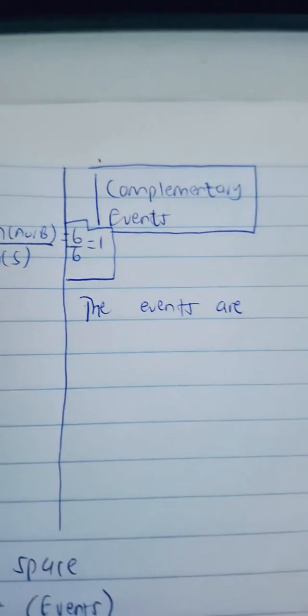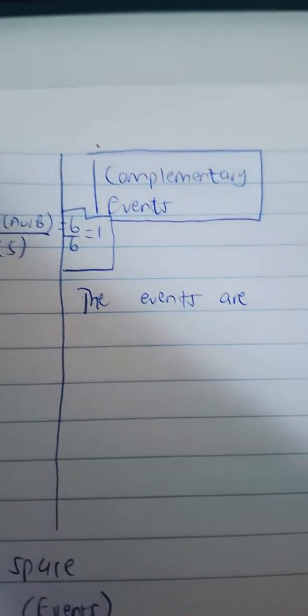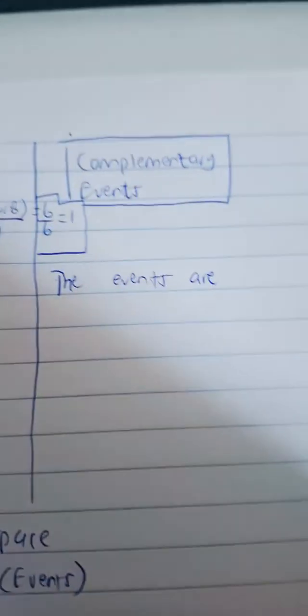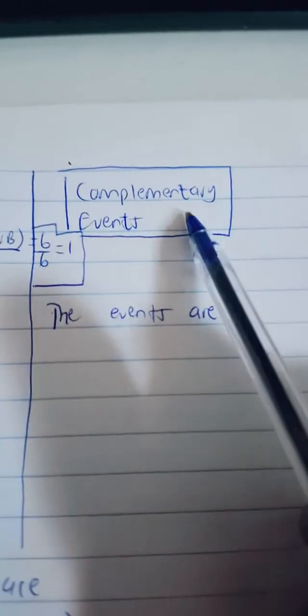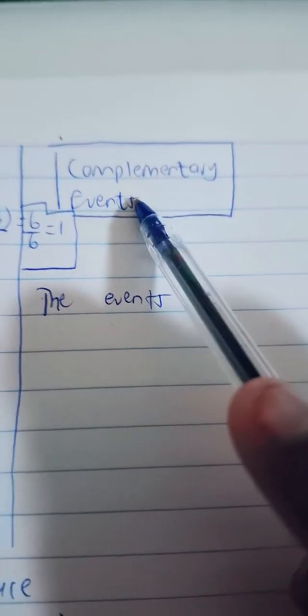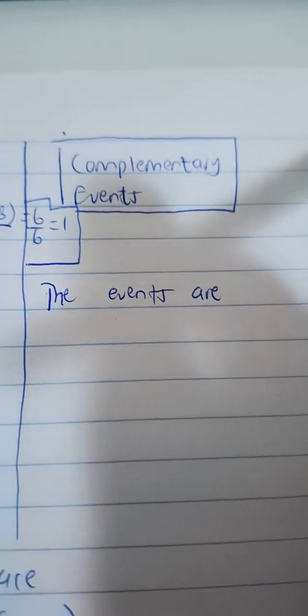It's not the first time you're seeing this word complementary. I'm sure you've seen complementary when you're doing geometry in term 2. Angles that add up to 90 degrees are called complementary angles. So this is a word that you've seen before. But now we are not talking about complementary angles. We are talking about complementary what? Events.